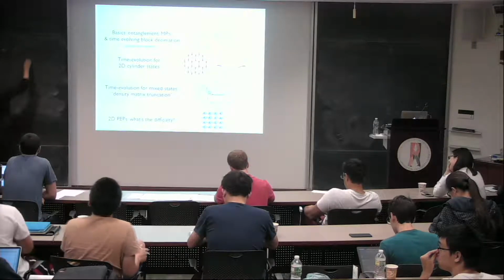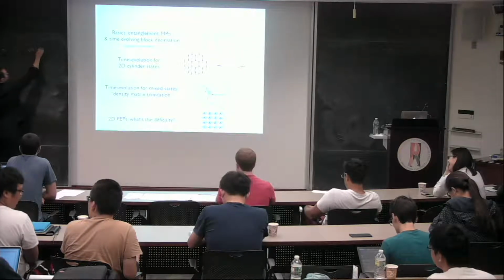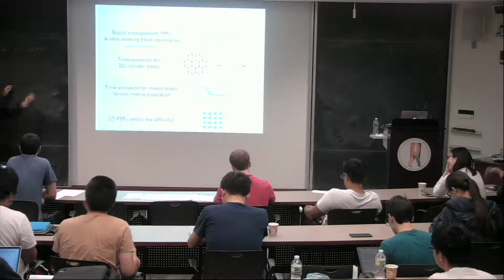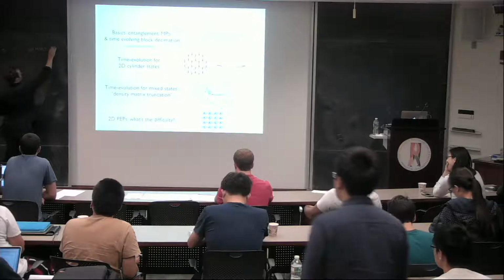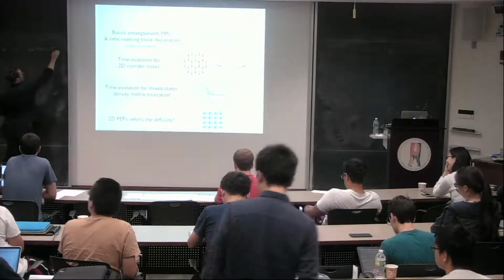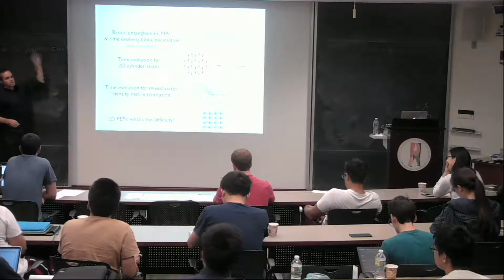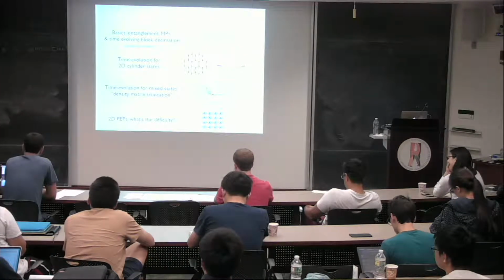If I compute the average energy in this state, it would be the ground state energy, E naught, plus some constant that scales linearly in the system size. So there would actually be an energy per unit length.